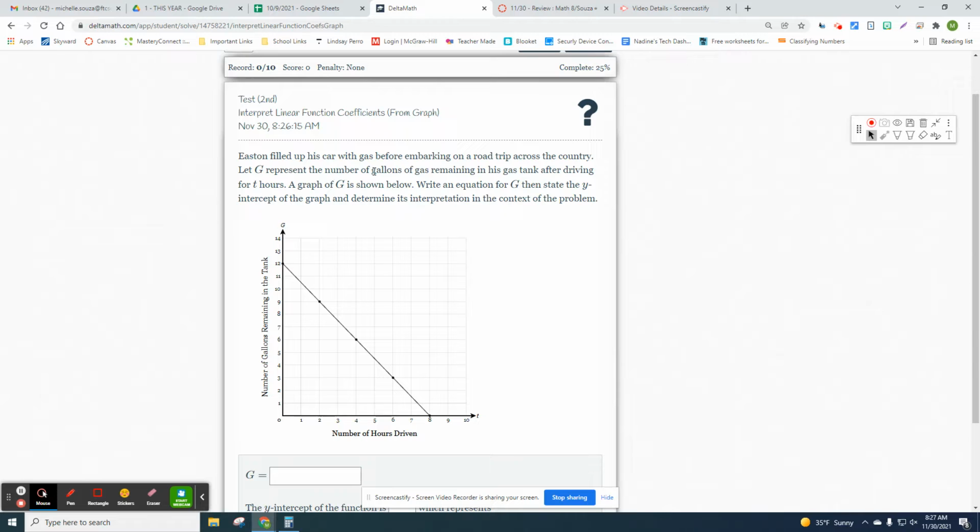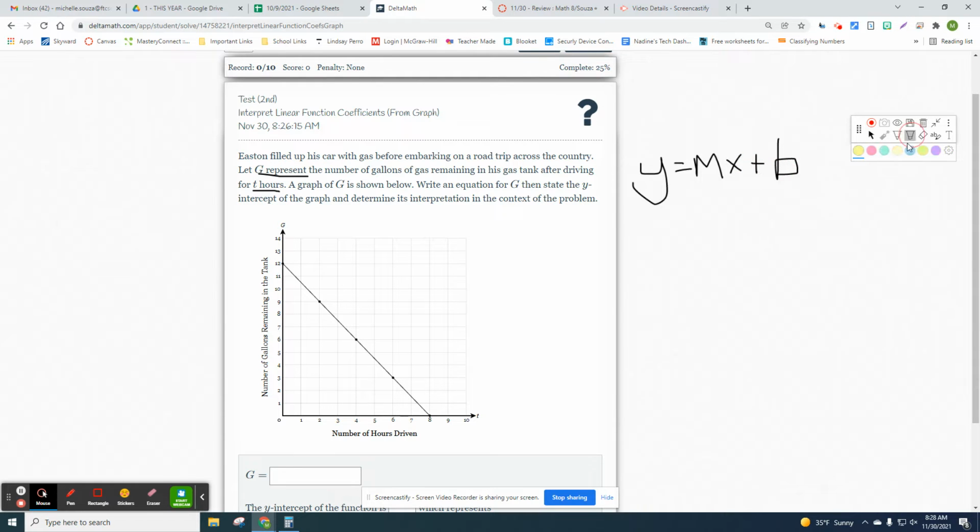Let G represent the number of gallons of gas remaining in his tank, and T representing the hours, okay? So we are using the variables T and G, but as we've done in every other problem we've ever done, this is y equals mx plus b, okay?